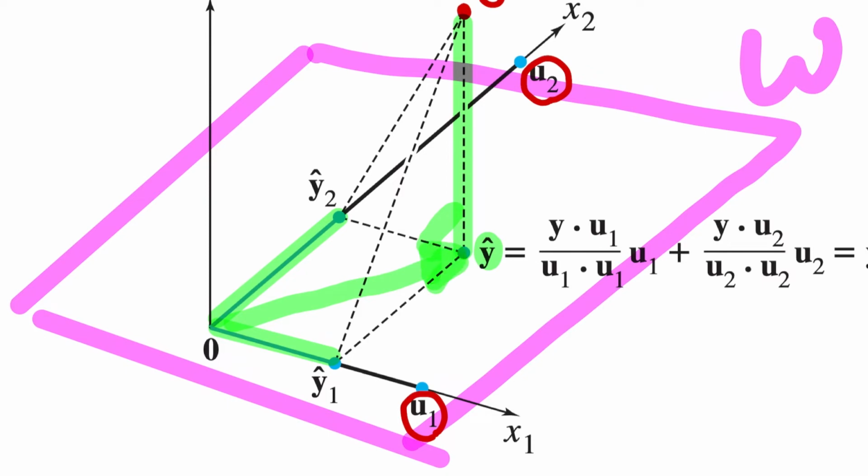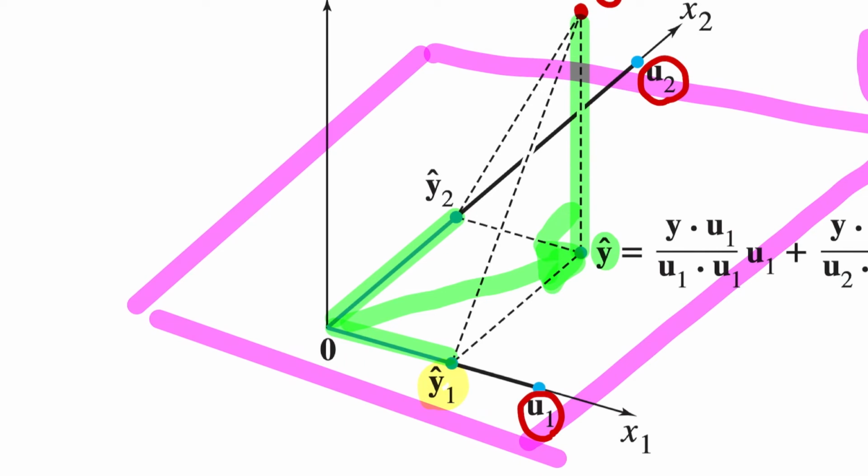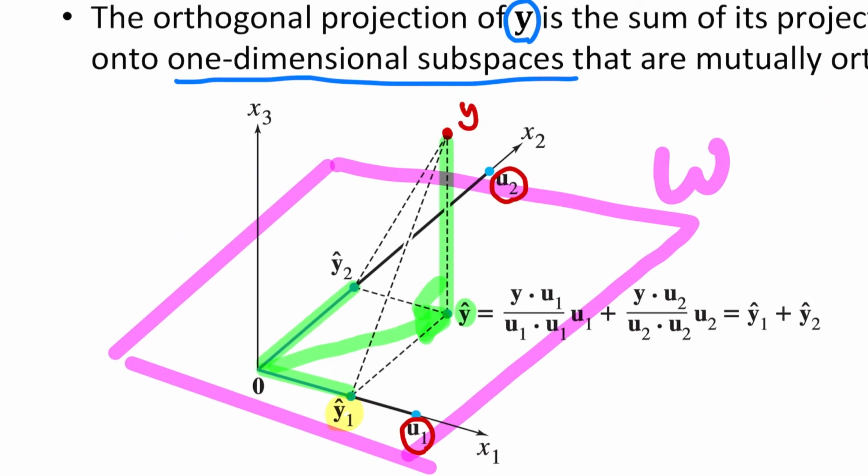And then how can we find y hat 1? Y hat 1 is the orthogonal projection of y onto the span of u1, or the line L spanned by u1, right?